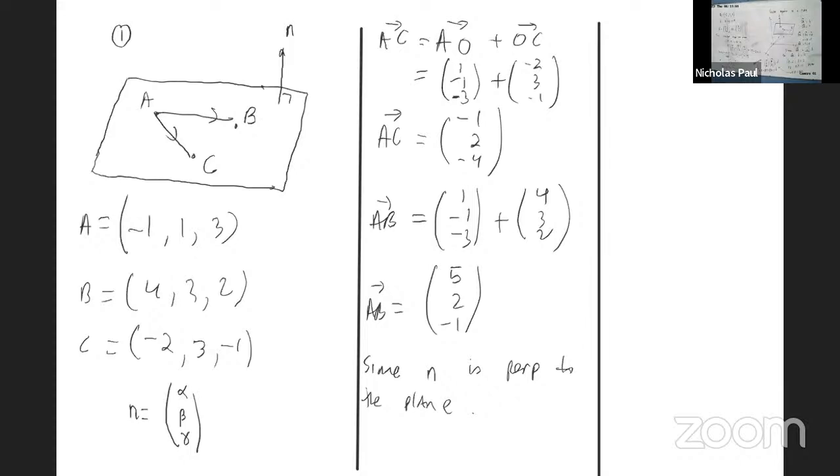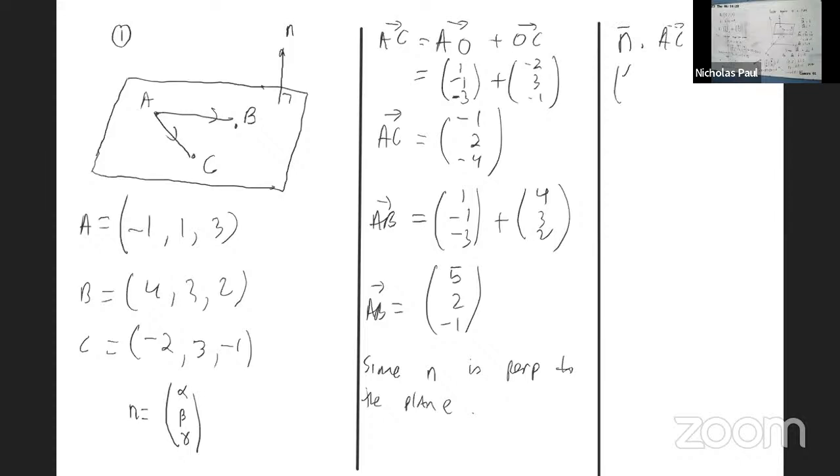Right, so we have AB and that. Since n is perpendicular to the plane, it means that the vector n multiplied by AC should be 0.